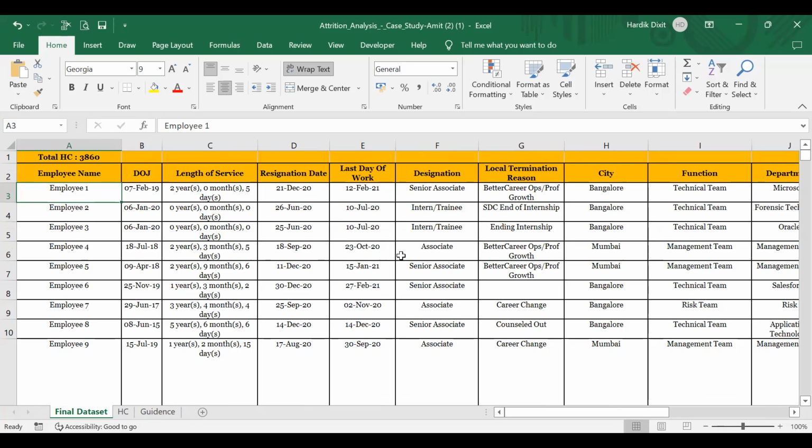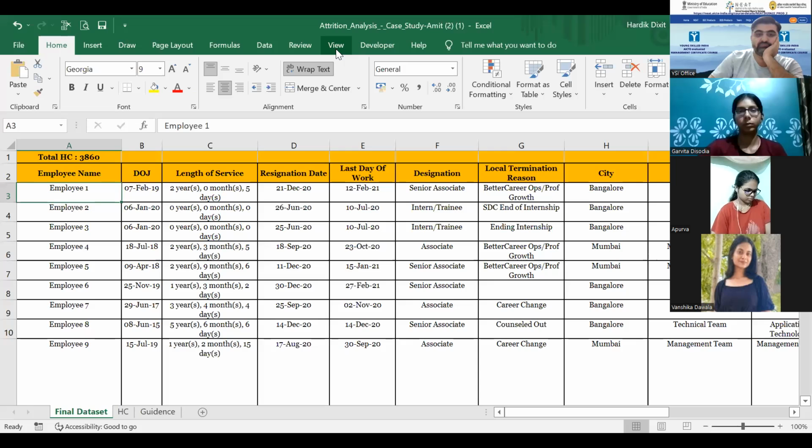कहां से निकलेगा परसेंटेज? How will you find out how many people separated, or what is the percentage of attrition?